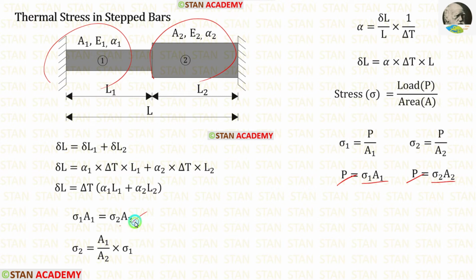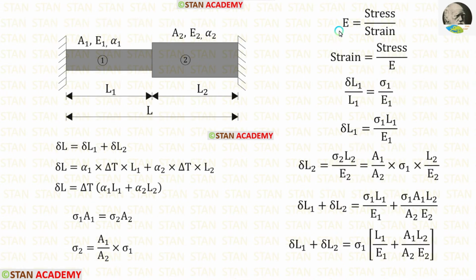Then we can take A2 on the left side. It will come in the denominator. We know that E is equal to stress by strain. So strain is equal to stress by E. For the first part, strain is delta L1 upon L1, stress is sigma 1, Young's modulus is E1.